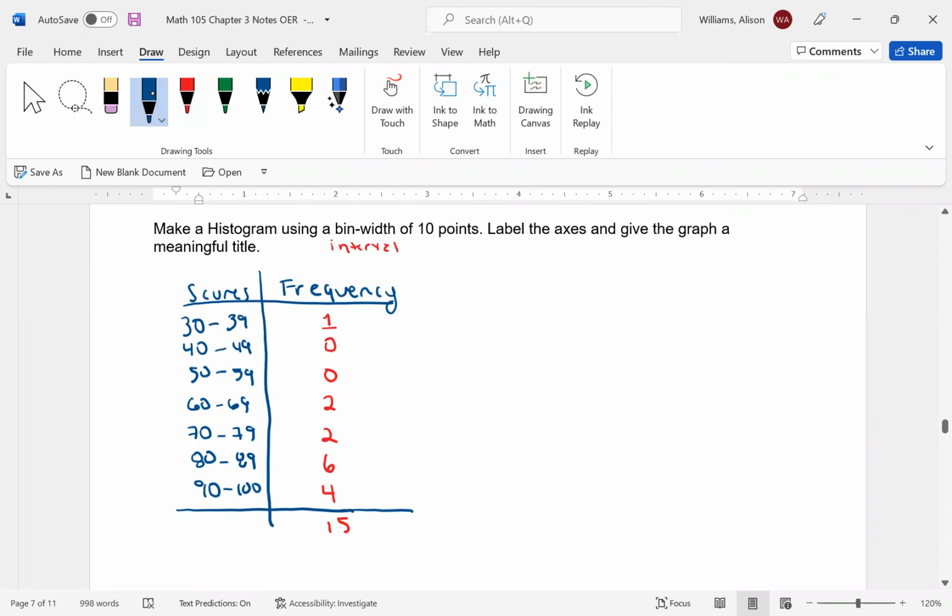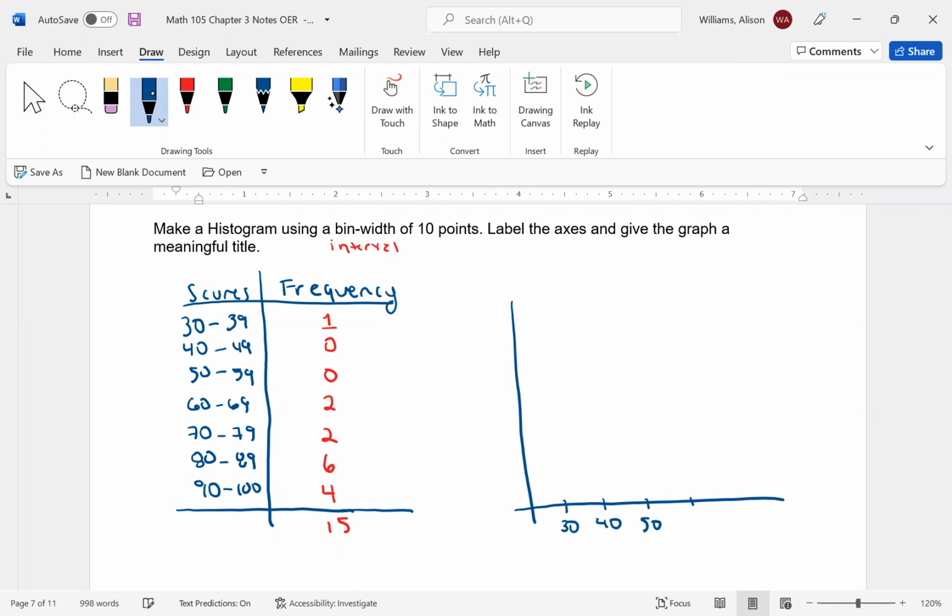Okay, so I'm going to make a histogram. And just like the bar graph, I'm going to make sure to label everything. The difference this time is I'm going to have intervals of numbers. So my first interval is going to start at 30, and then it's going to go up to 39. And then my next interval is going to start at 40 and then go up to 50 or 49. But then the next interval starts at 50.